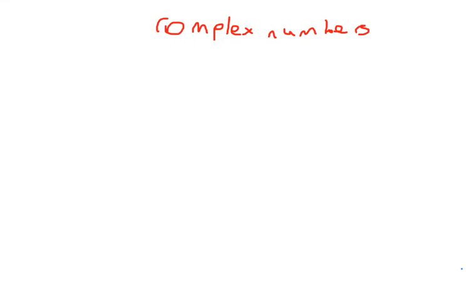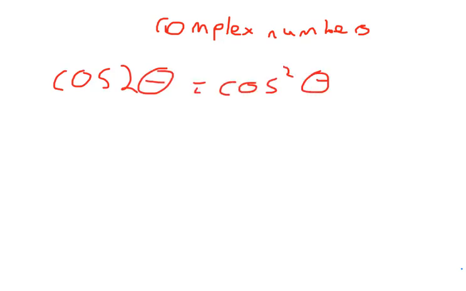It's cos squared theta minus sine squared theta. So cos 2 theta equals cos squared theta minus sine squared theta. Now that's a cool equation. But we also have to remember that cos squared theta plus sine squared theta equals 1. So don't forget the minus sign there.